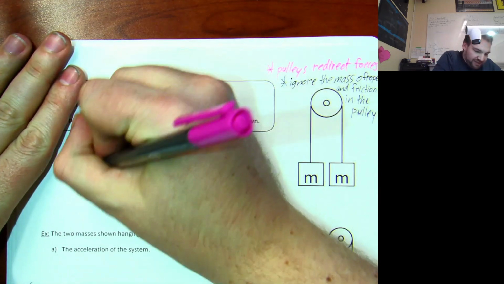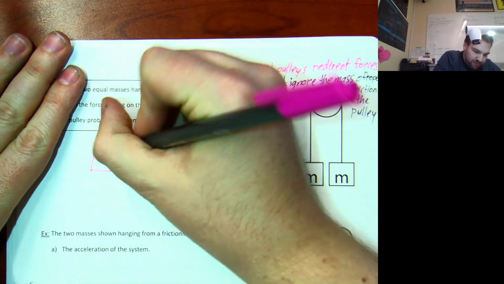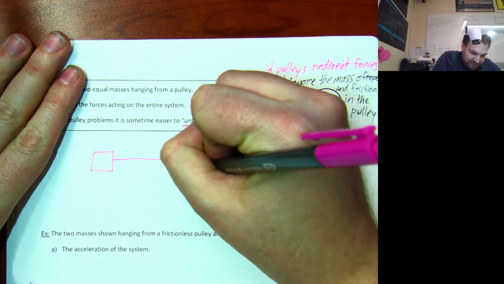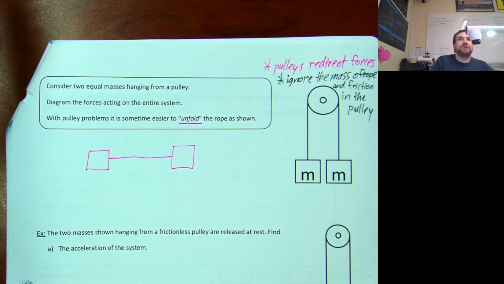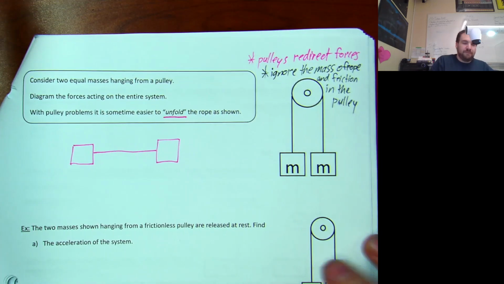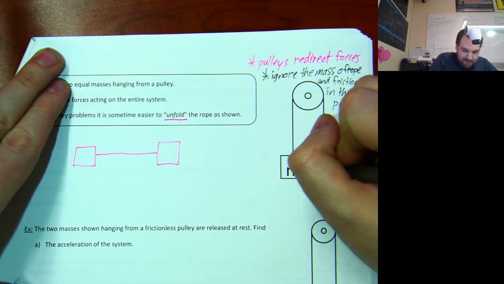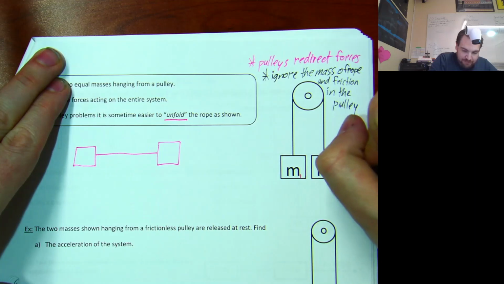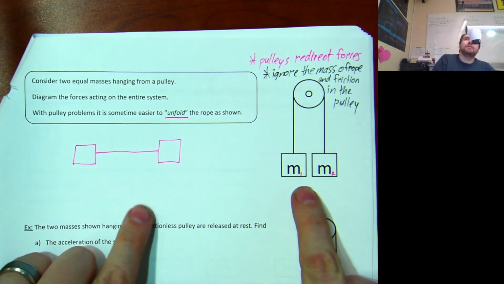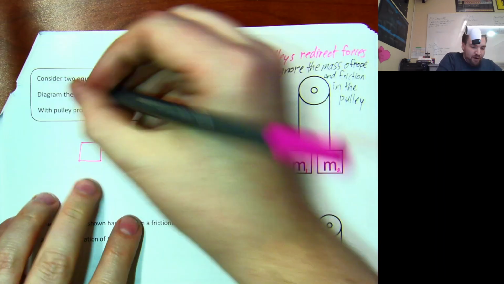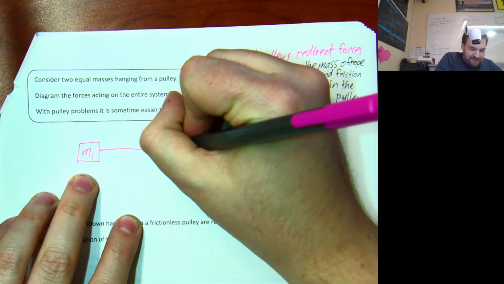So this turns into a system that looks like one we're used to seeing. I'm going to label the left mass M1 and the right mass M2, so I can call this one M1 and this one M2.